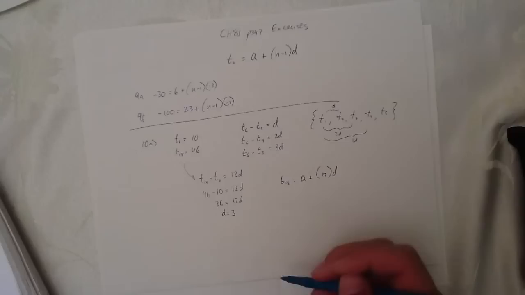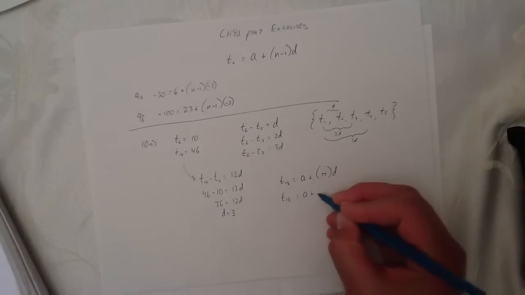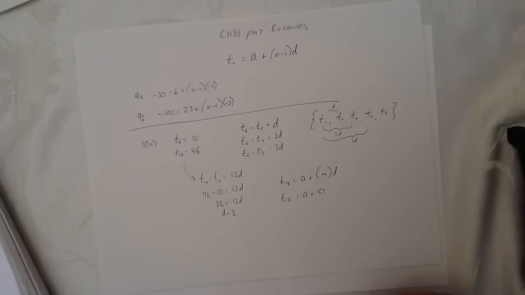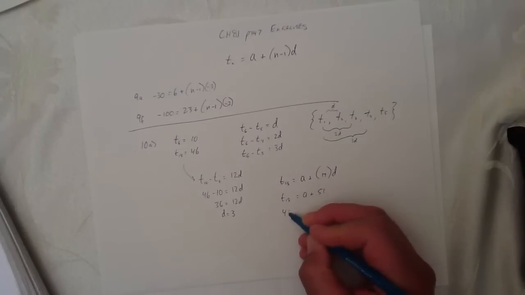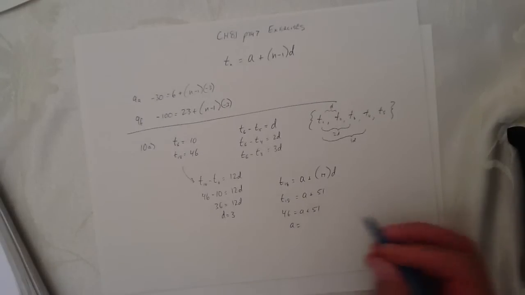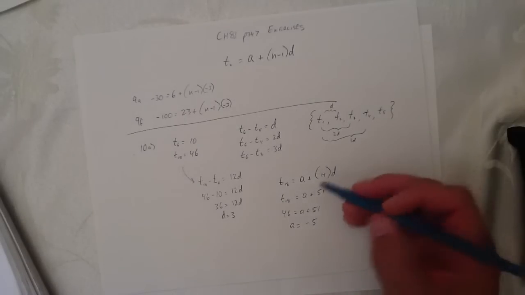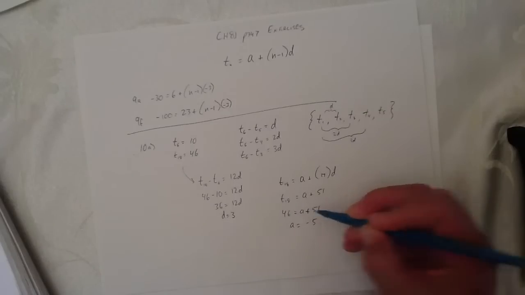We know now that d is 3. So T18 equals a plus 17 times 3, which is 51. In other words, 46 equals a plus 51. a now equals negative 5. And that's once again a simple application of algebra.